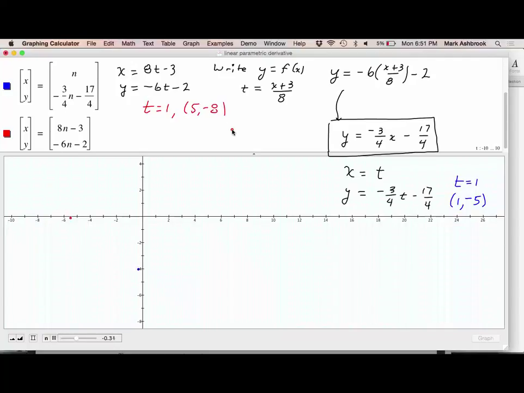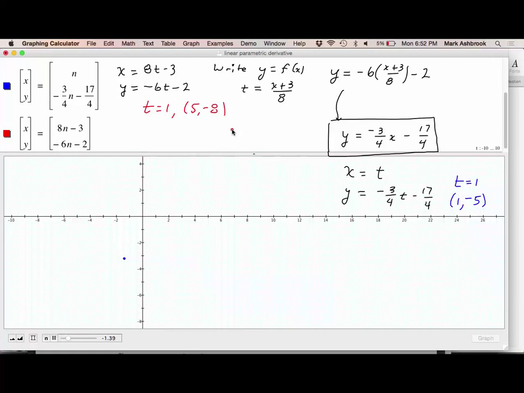I'm gradually changing t down there at the bottom of the screen, and I'm plotting the current value of the point for each set of parametric equations. So you see that they're tracing out the same set of points. You're going to get different points for different values of t. You won't get the same point for the same value of t, but you end up getting all the same points in the end.